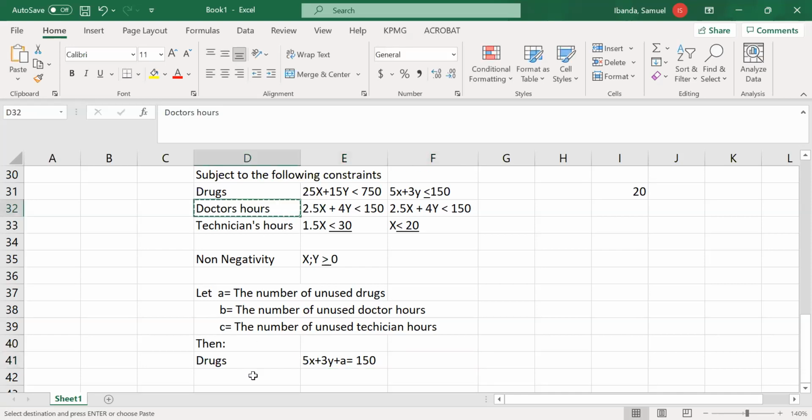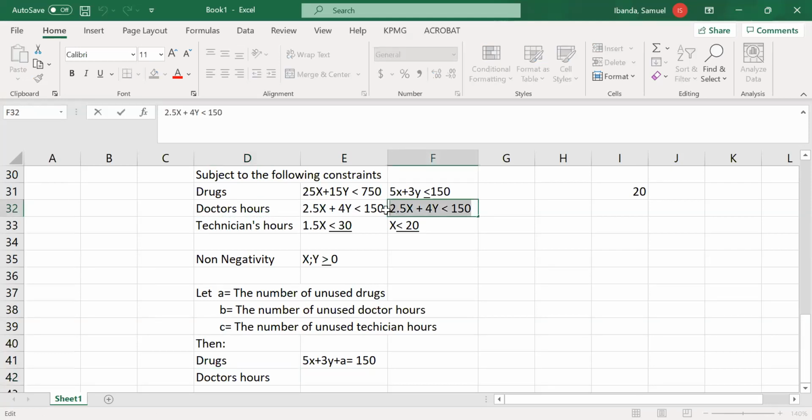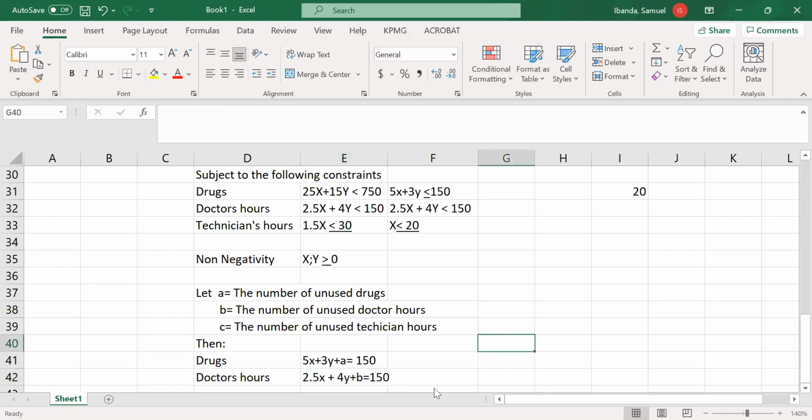Then for doctor's hours, I'll just speak it the way it is, 2.5x plus 4y, let me use small x's and small y's here. This is going to be plus b is equal to 150, okay? I believe you can relate. And then we look at the last one, which is technician's hours.